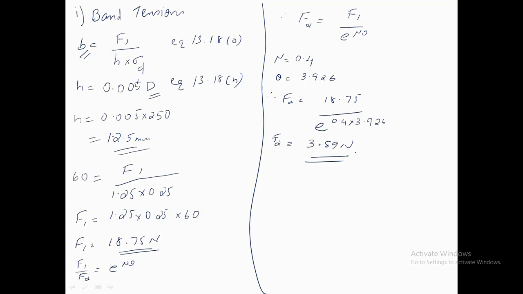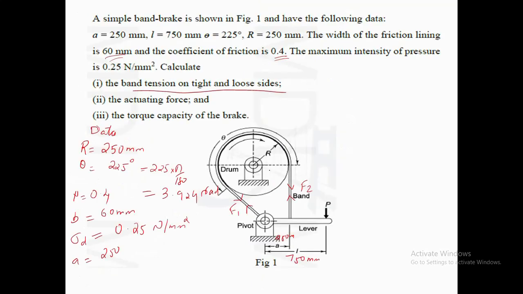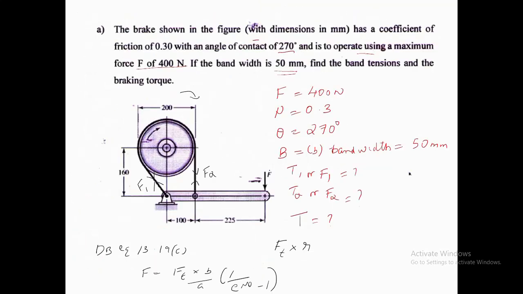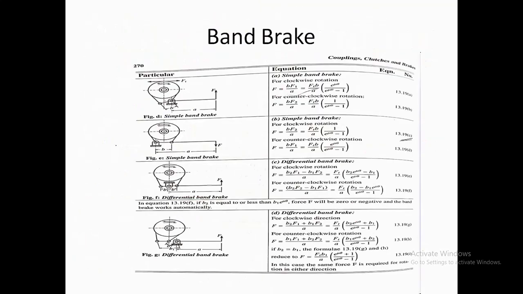Now you have got the value of F1 and F2, so the first thing has been done. Now we need to calculate the actuating force. The actuating force can be calculated from the data book, from the second figure.